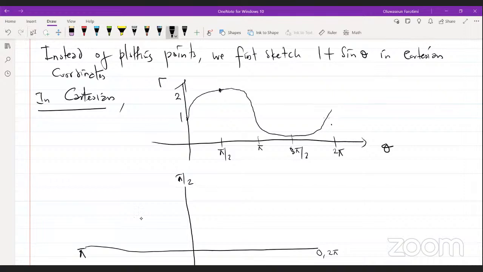All right, so if you go from this point, guys, to this point, now what happens? This angle is increasing. If you go from here to here, from this guy to this guy, the angle is increasing. From this guy to this guy, the angle is decreasing.